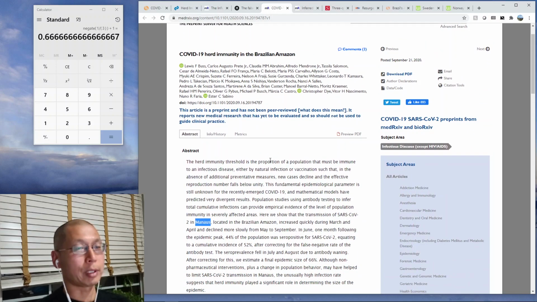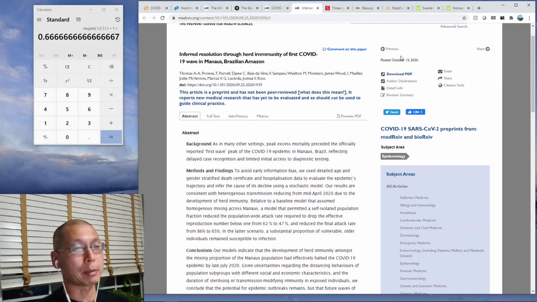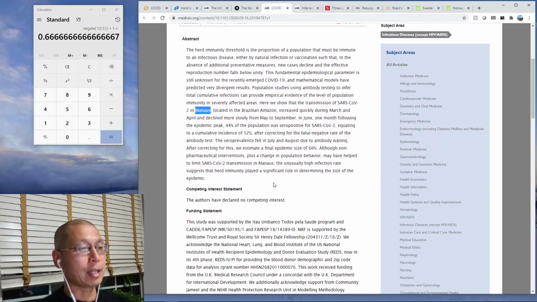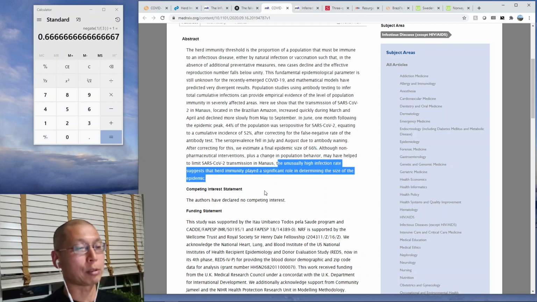Like, this was a paper written back in September, and this is a paper written in October, and basically they suggest about 66% of the population was infected and is theoretically immune, and they think that the unusually high infection rate suggests that herd immunity has played a role in stopping the progression of the disease.